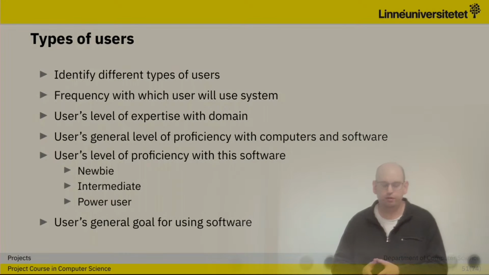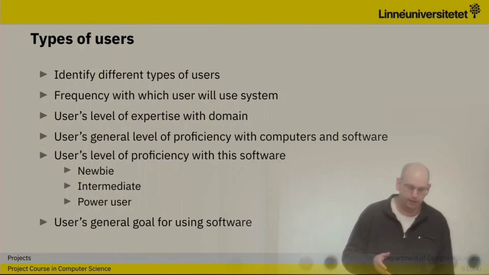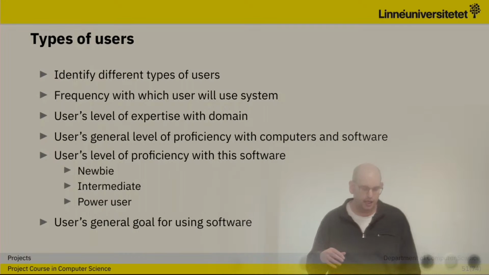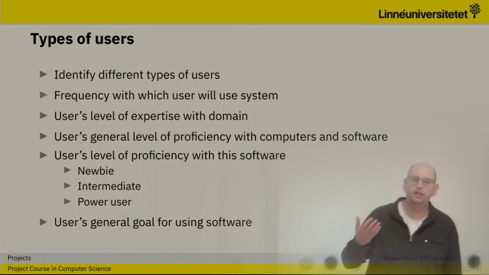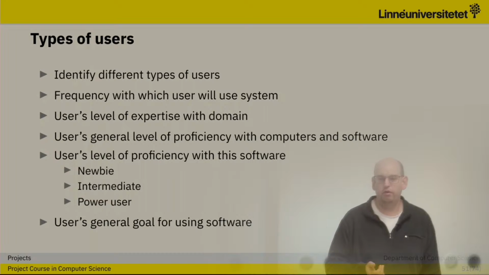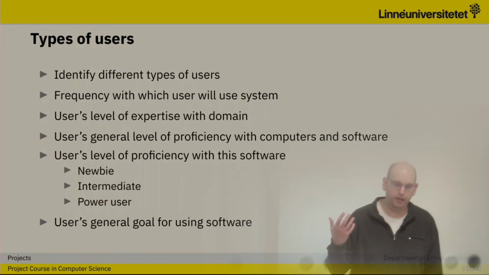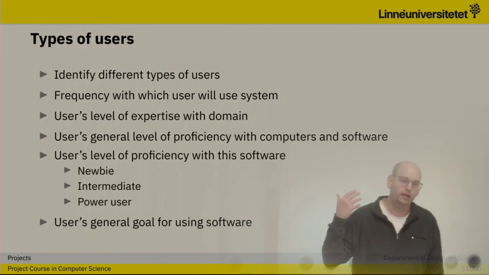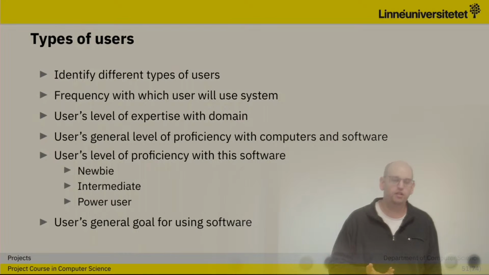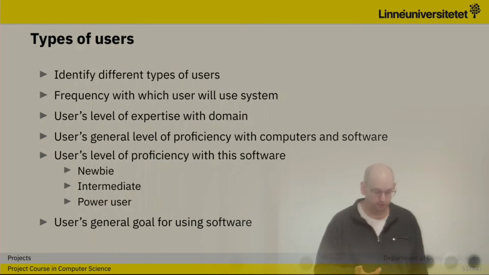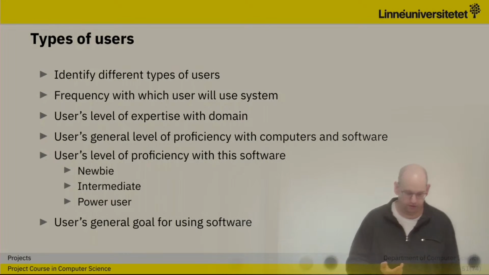Therefore, it's important to define and identify different types of users. If it is a system for a restaurant, that could be anyone from, let's say, a tech-savvy teenager up to someone who's very old and doesn't use technology at all.